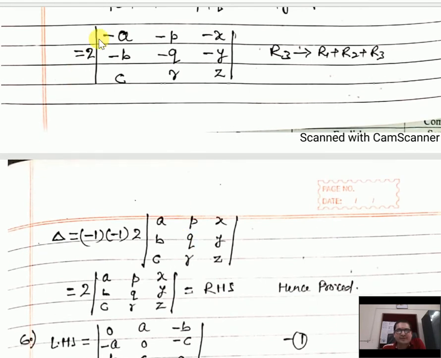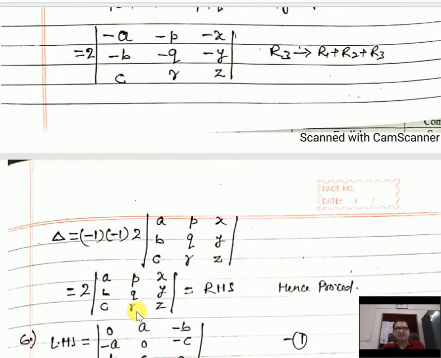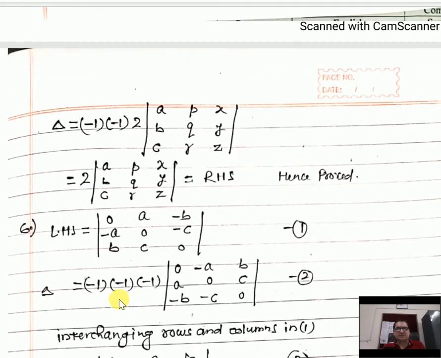Now minus 1 can be taken common from R1 and the second minus 1 from R2, so the R1 and R2 elements will be positive, and that minus 1 into minus 1 I have written over here. Minus 1 into minus 1 is plus 1, so 2 into 1 is 2, and a p x, b q y, c r z. This value, this determinant, we have to prove is equal to 2a p x, 2b q y and 2c r z.